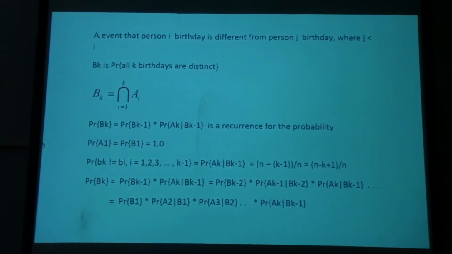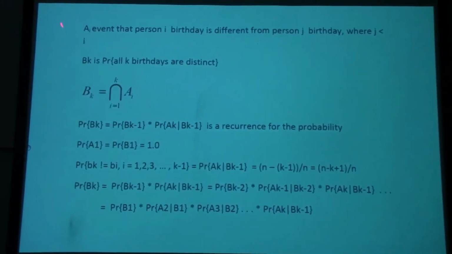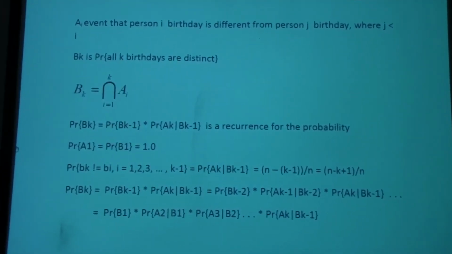So now, B_k, so you understand what is A_i? B_k is the probability that all k birthdays are distinct. So B_k is equal to the intersection of the events 1 through k, and this A_1 is the probability that person 1 has a unique birthday, which is guaranteed.